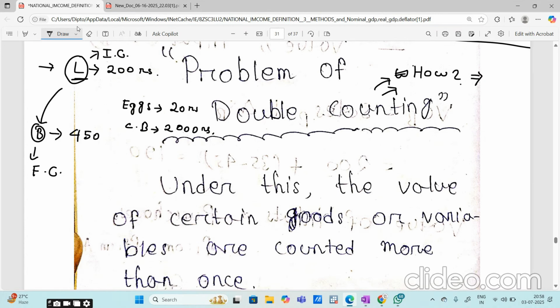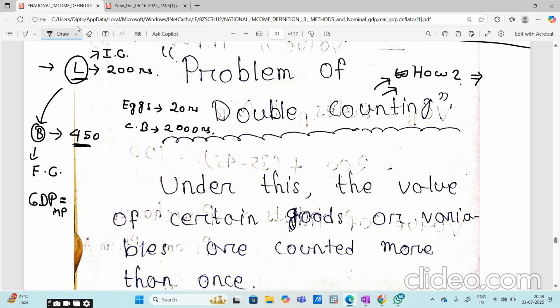Now if I try to find out GDP, and I don't add the intermediate good, if I only add the final goods, then what will be GDP? GDP at market price will be the sum of the values of all the final consumption.